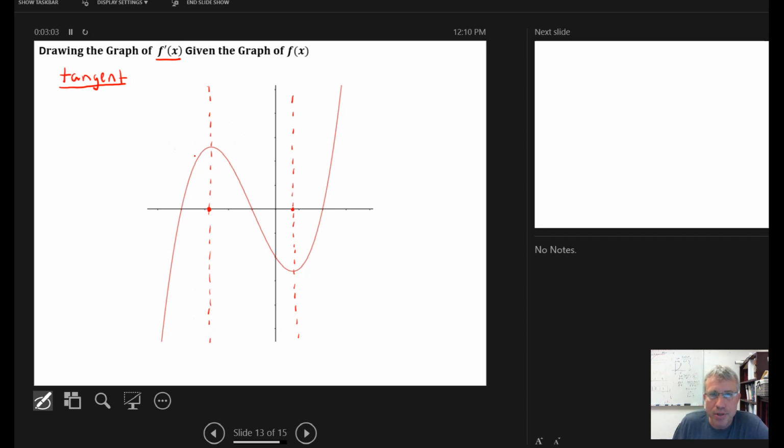So the next step is I want to focus on tangent line slopes again. So here's the place where the tangent line had a slope of 0, here's the x-coordinate. Step to the left of it and look at the graph of the function and visualize tangent lines on that function. So for example, there's a tangent line, there's a tangent line, and then ask yourself the question, are the slopes of the tangent lines to the left of this point positive or negative?